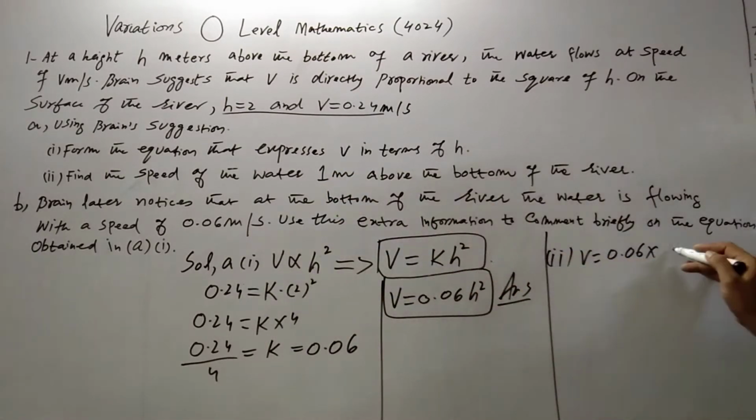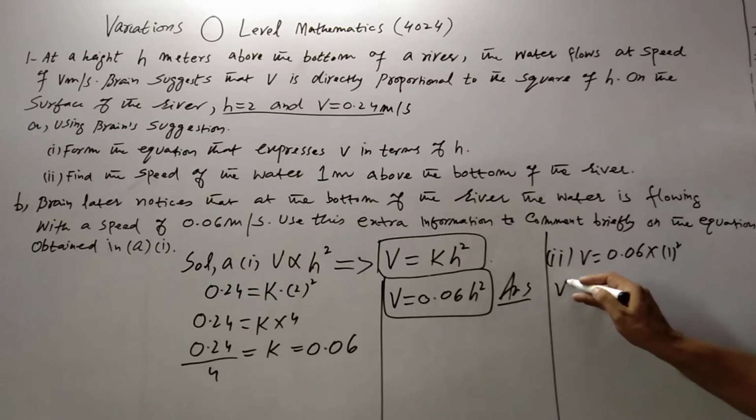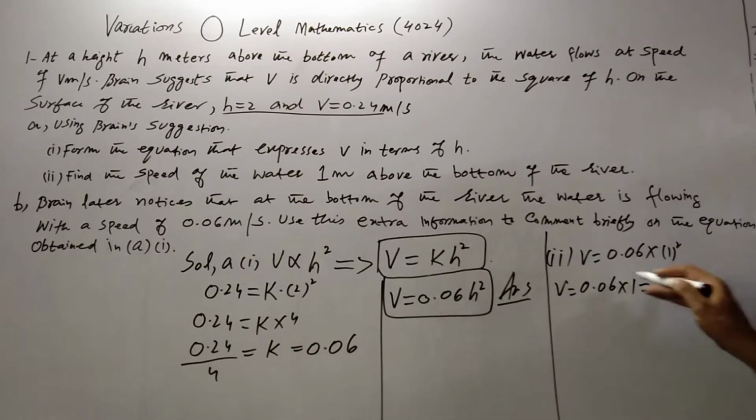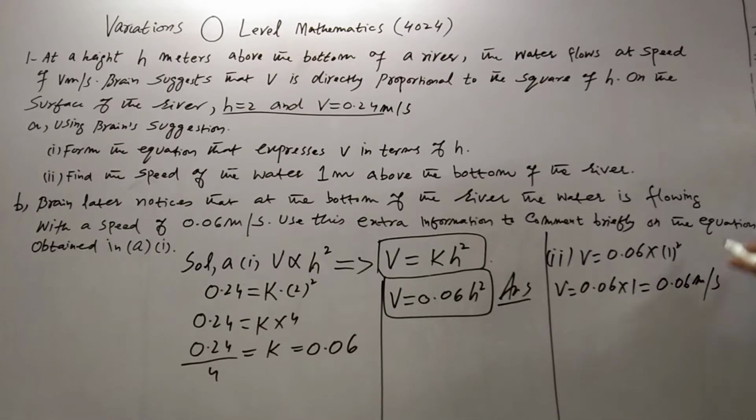What is h? h is 1. So 0.06 into 1 square is 0.06 meters per second. This is the answer of part 2.